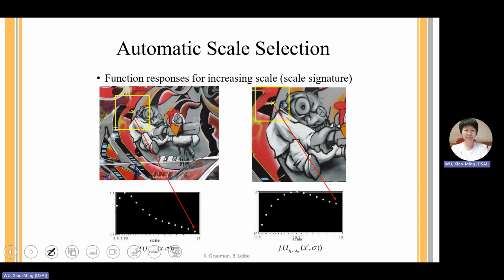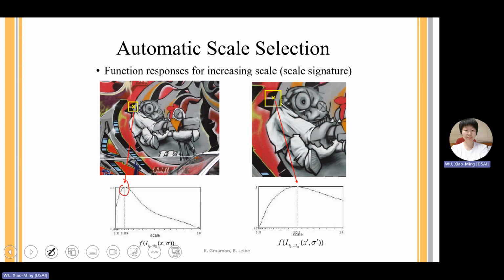So let's say we have a very good function f, and we look at the scale at which this function f achieves the maximum value. For the left image, this is the scale at which it achieves the maximum value.